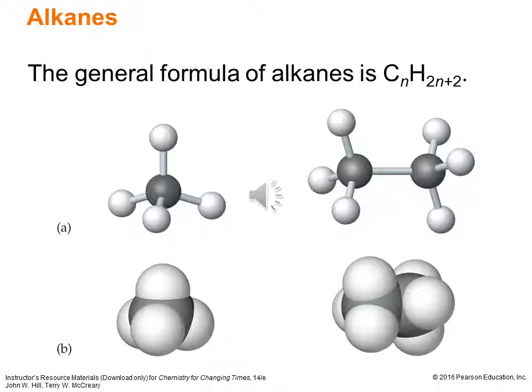We can't use this formula for rings, but for straight chains, branched chains, and anything that doesn't have a ring in it, that's truly an alkane: just carbon and hydrogen, all single bonds. This general formula of CnH2n+2 makes it really easy to predict the formula from the name, or to get the name out of the formula, once you've reviewed these Greek prefixes we'll talk about.